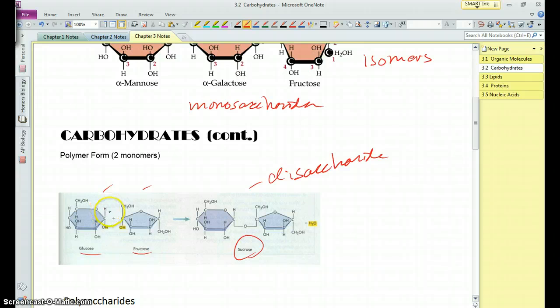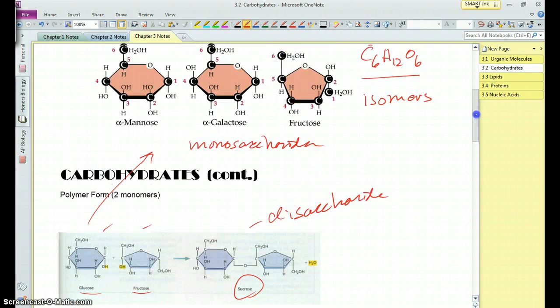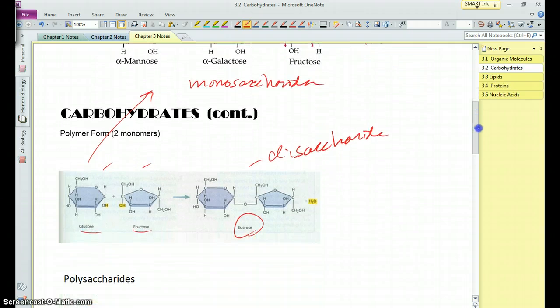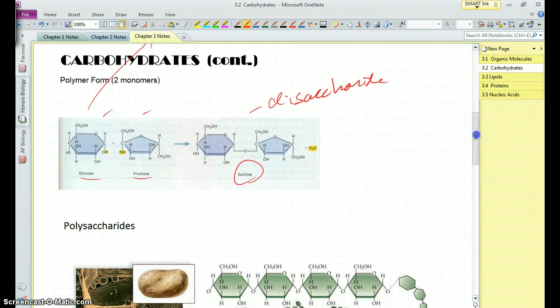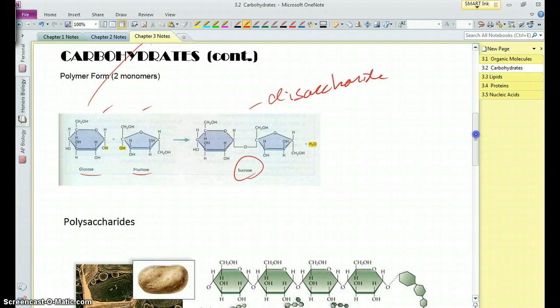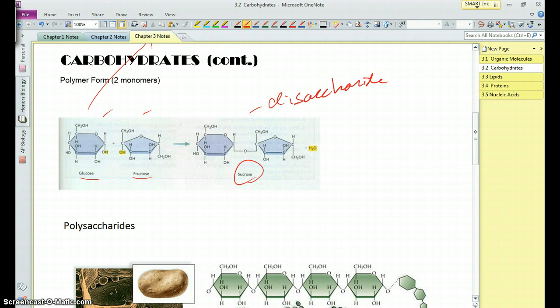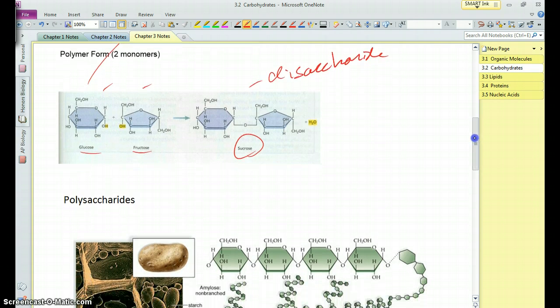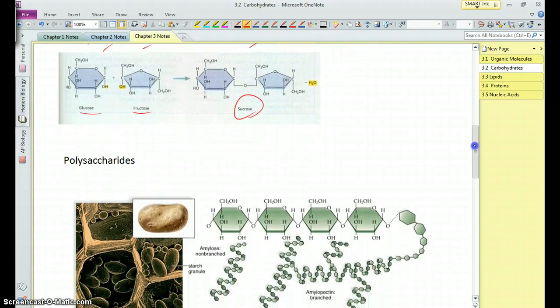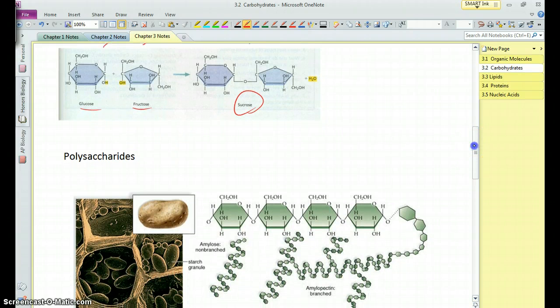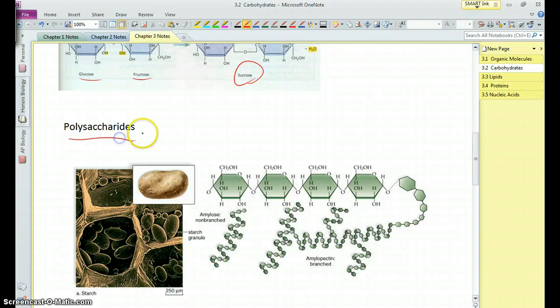You'll notice that glucose is also an isomer with these guys up here. It has that same general formula, C6H12O6. There's, as you can imagine, many ways to arrange those particular atoms. Now, if we put together three or more monosaccharides, we'll get what we call a polysaccharide.